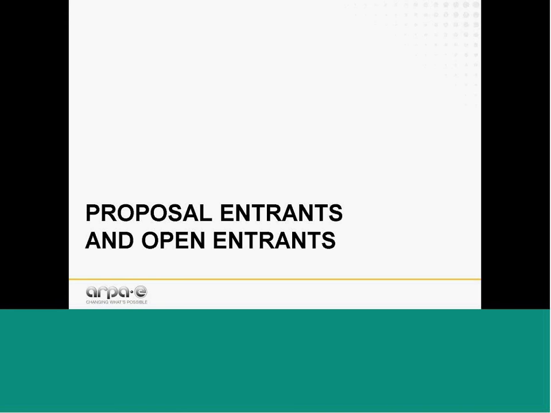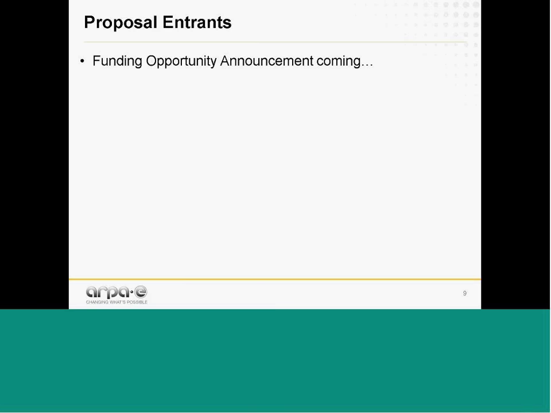There are 2 different ways you can participate in the GO competition, as a proposal entrant or as an open entrant, okay? A proposal entrant, well, there's a funding opportunity announcement that is going to be coming very soon. That FOA that will come out from ARPA-E will allow you to apply to it, and if you are selected, you are then paid to participate in the competition.